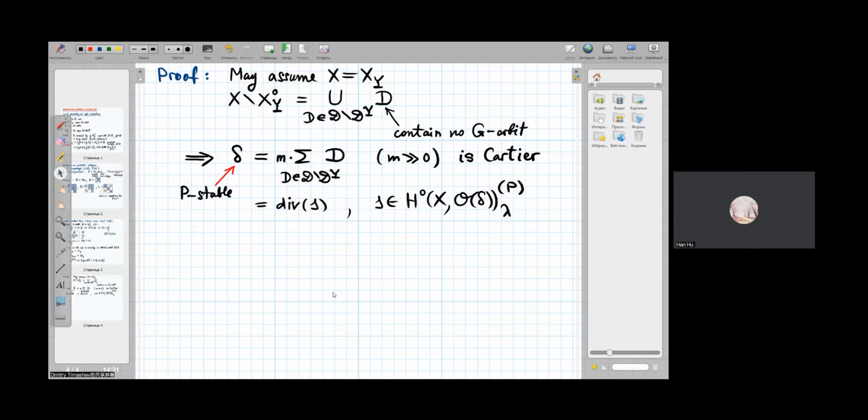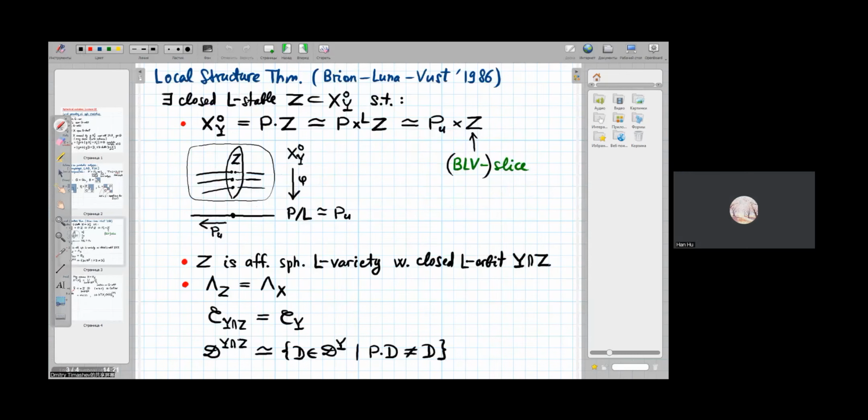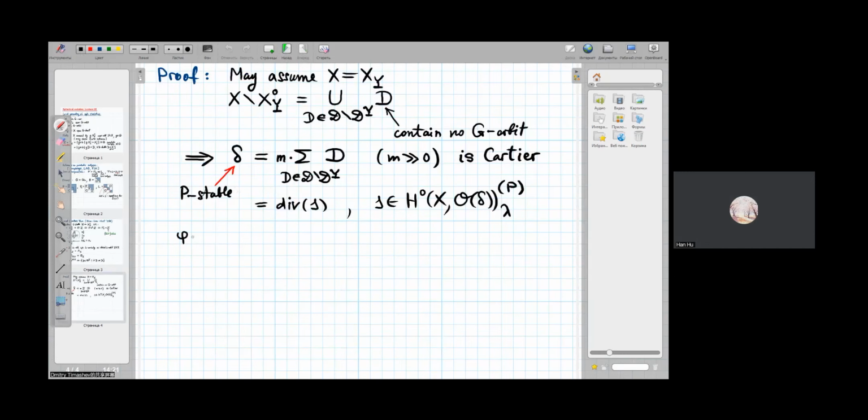And now consider the following rational map. I will denote it by phi. It will be actually the phi which is in the formulation of the theorem, but so far we don't know it. Consider the map phi from X to the dual of the Lie algebra of G, small German g star. It is a rational map defined as follows.